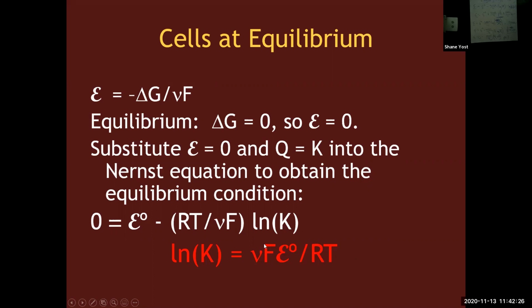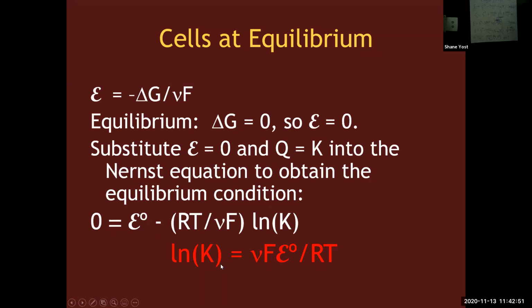If we recall from delta G, the natural log of K is equal to negative delta G divided by RT. So you just substitute in for negative delta G, positive nFE. Any questions?